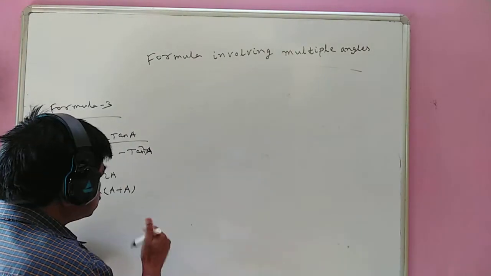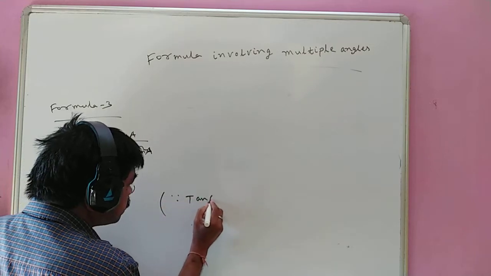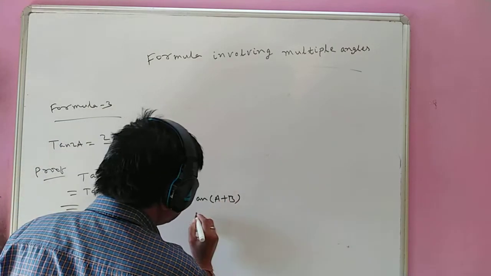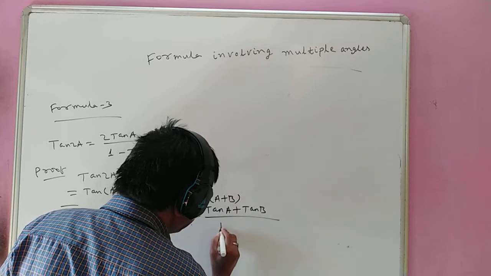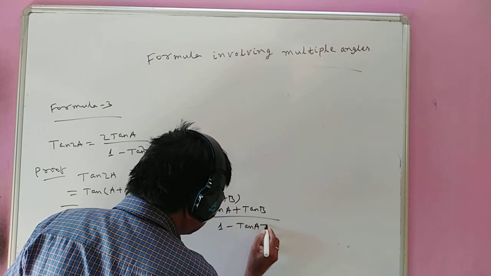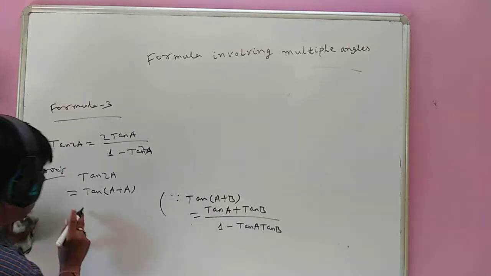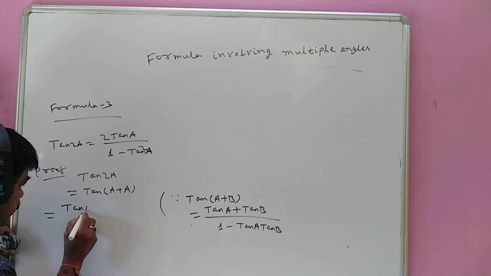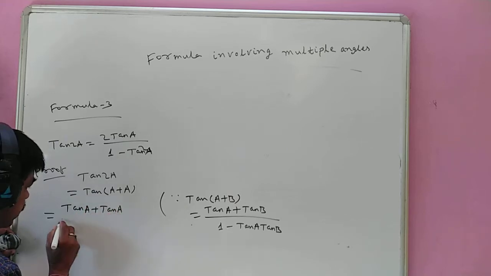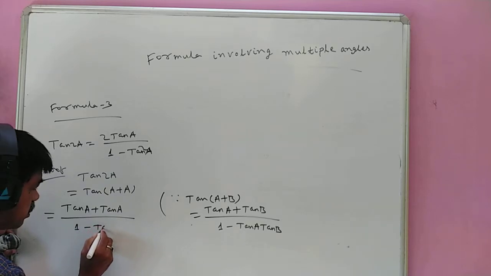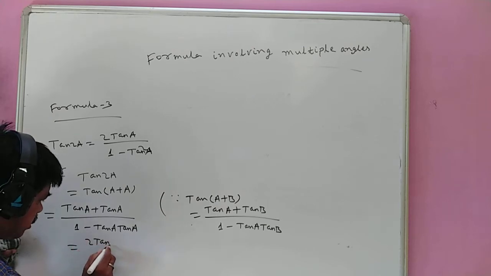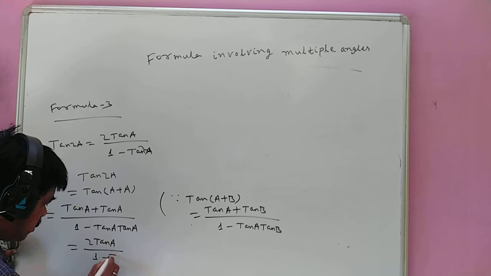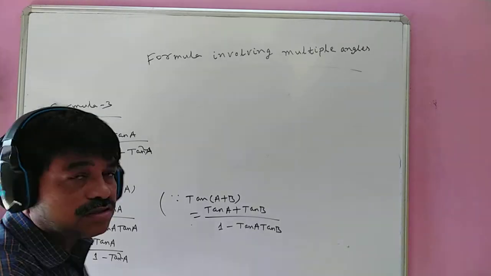So tan A plus tan A is 2 tan A, divided by 1 minus tan A into tan A, which is tan square A. So it is 2 tan A by 1 minus tan square A. This is your formula 3.